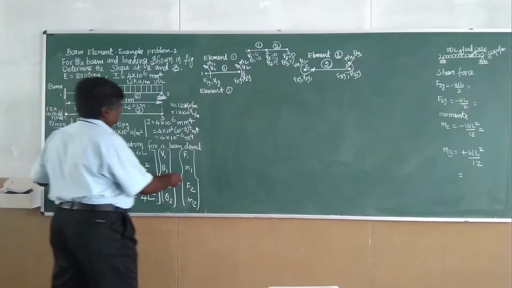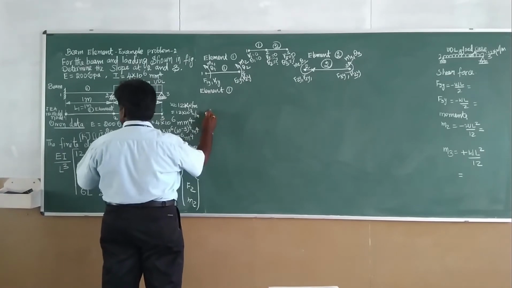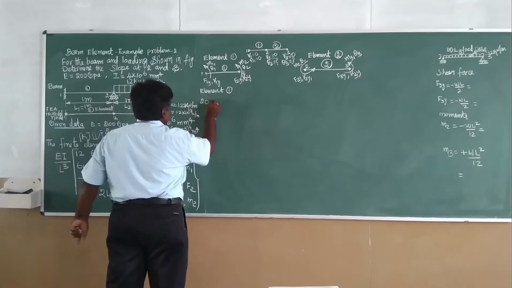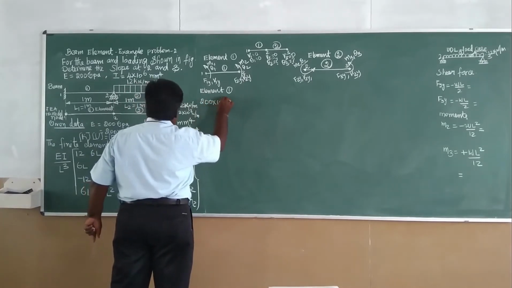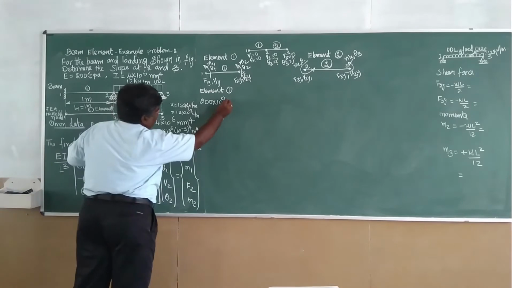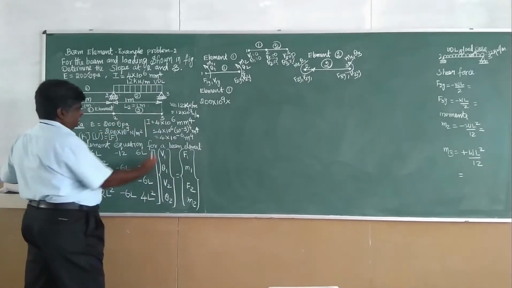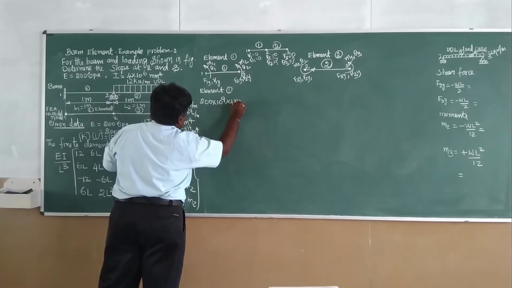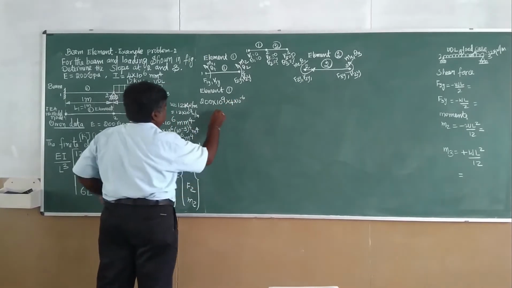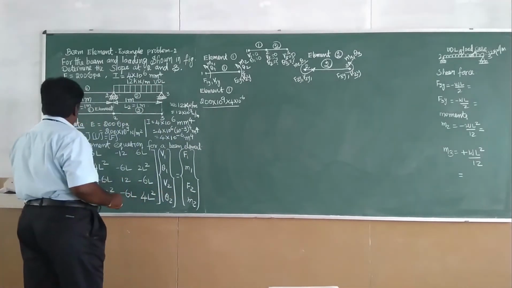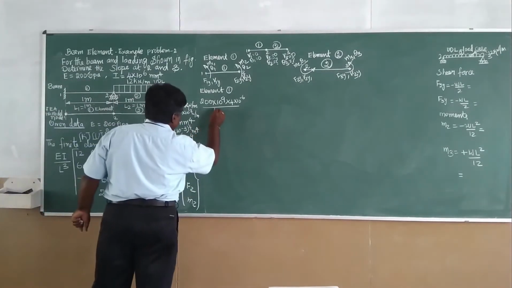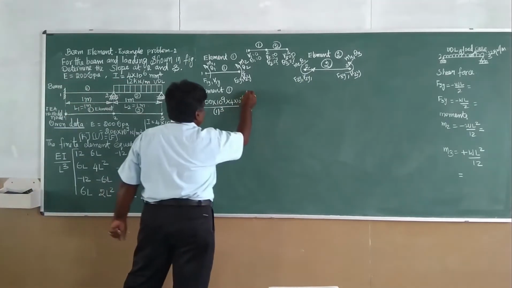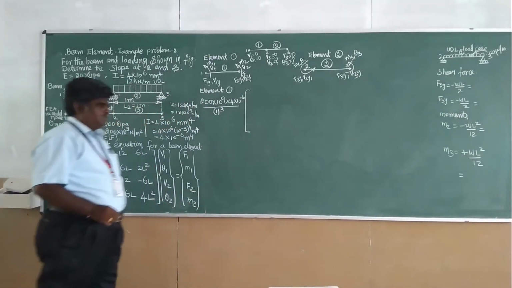So we formulate the element equation for element 1. E, the Young's modulus, is 200 into 10 power 9. The moment of inertia is 4 into 10 power minus 6, divided by L cube. L cube is 1 cubed, and L is 1.